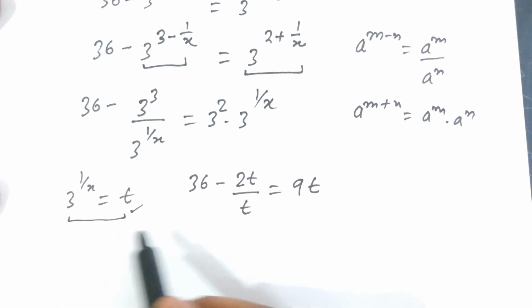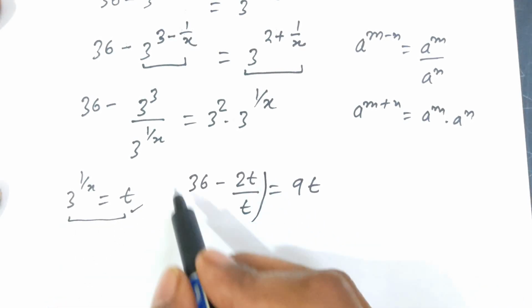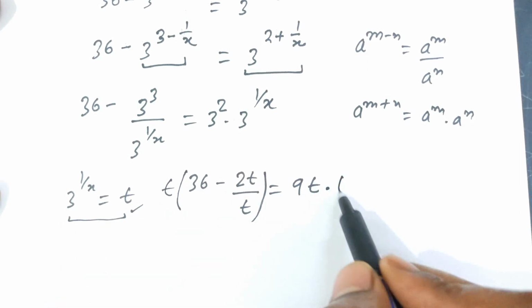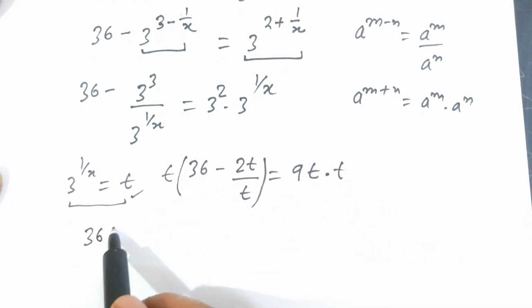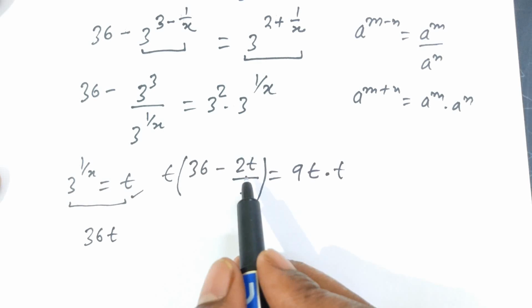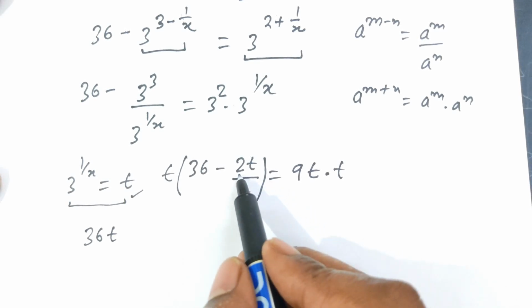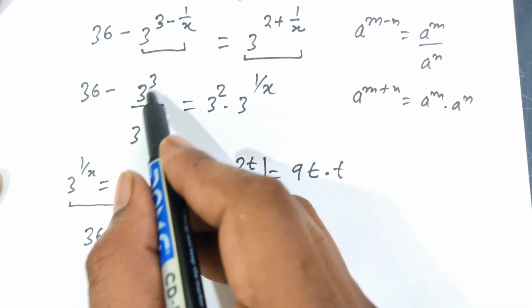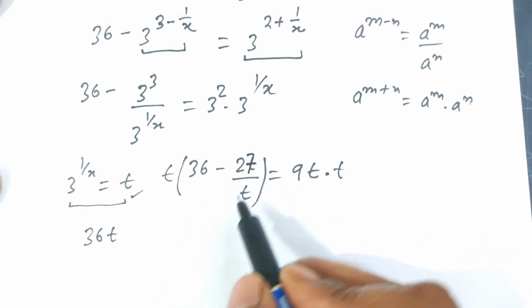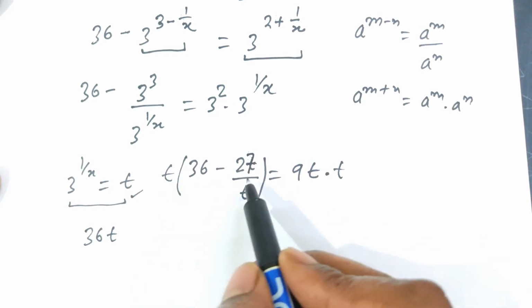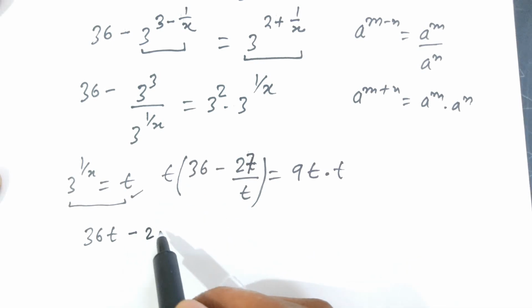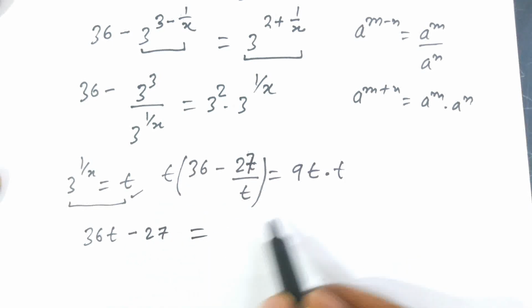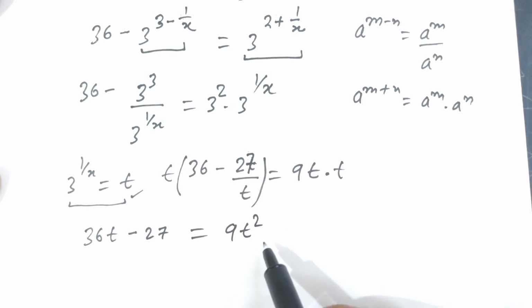Now if we multiply both sides by t, then in left hand side this t is multiplied by 36, we get 36 times t, and this t is multiplied by 27 divided by t, then this t and this t cancel out, then here 27, and this is equals to 9 times t square.